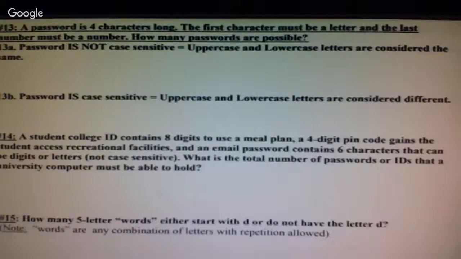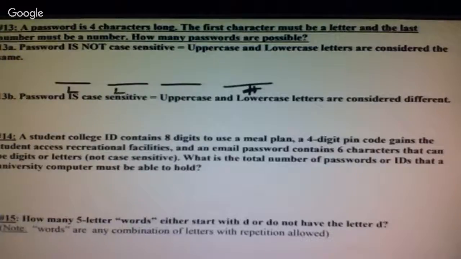Okay. So 13. We're talking about a password. Our password is 4 characters long, so we got 4 dashes. I want the first one to be a letter, and I want it to end with a number.